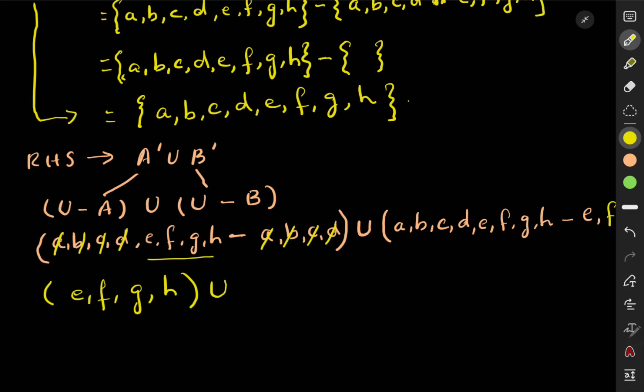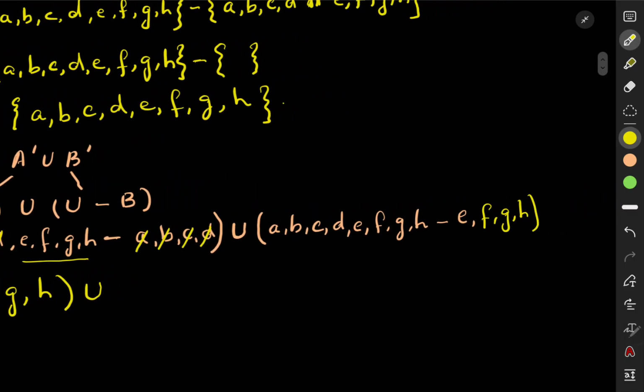Then union, again we subtract E, F, G, H from here. So the remaining members are A, B, C and D.